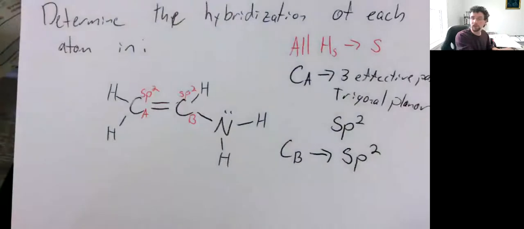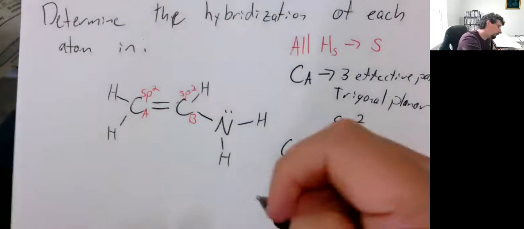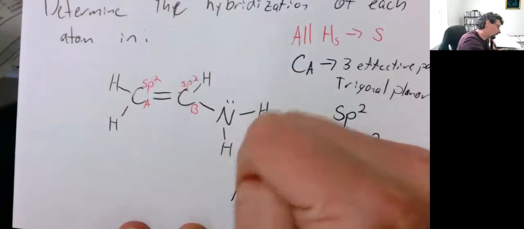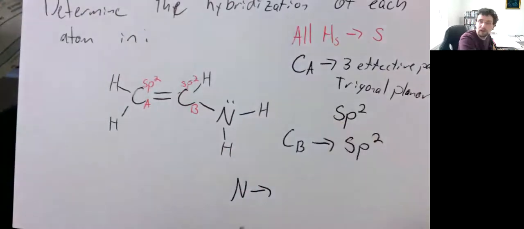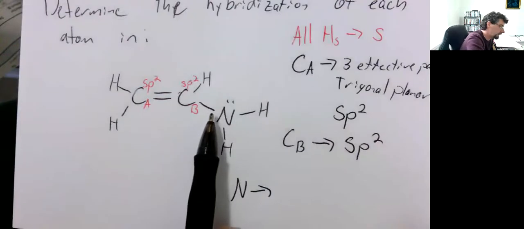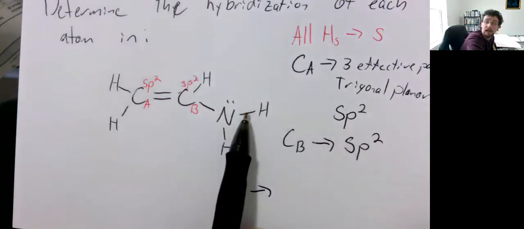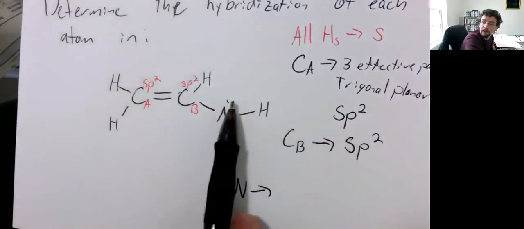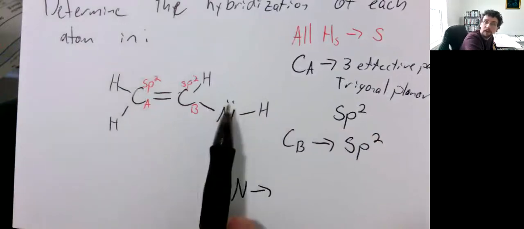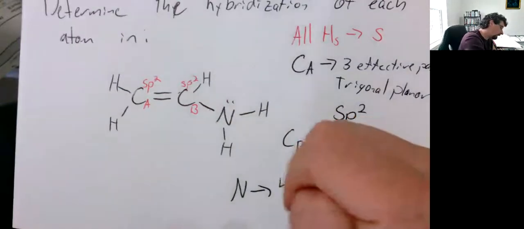Now, what about that nitrogen? Remember, it's based upon effective pairs, not lone pairs. Let's count how many effective pairs we have. We have 1, 2, 3, and remember, that lone pair there counts as one effective pair. So we have a total of 4 effective pairs.